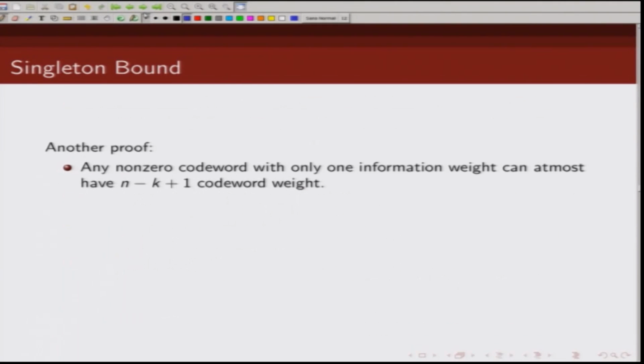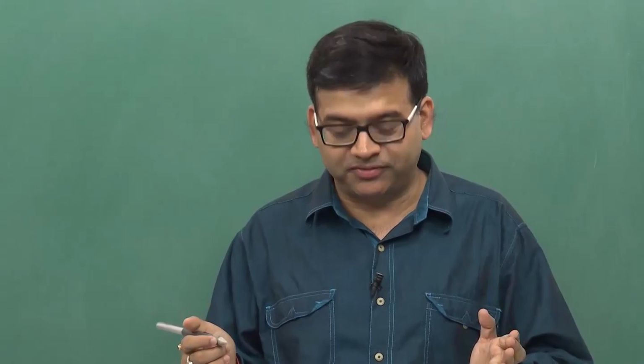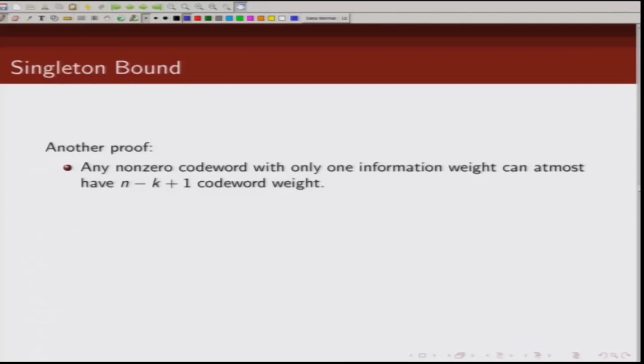Now, the same thing we can prove in a different way. I will just give you an alternative proof of the same result. What is the minimum weight non-zero information sequence? That would be weight 1, right.